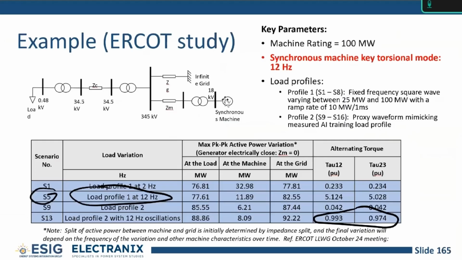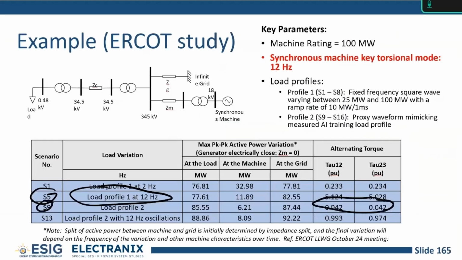If I never had any 12 hertz component, then I get numbers much lower, right? This one, load profile 2, S9, I get 4%, which maybe is enough to be not worried, I don't know. But if you just notch all of the 12 hertz out of the load, you fix the problem.